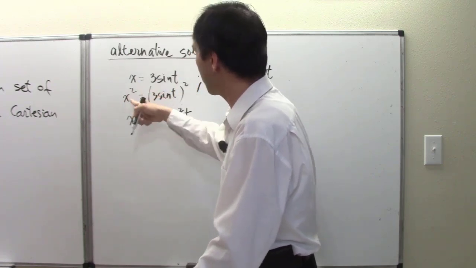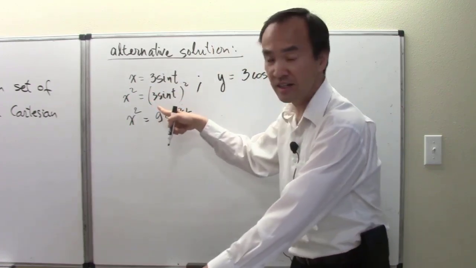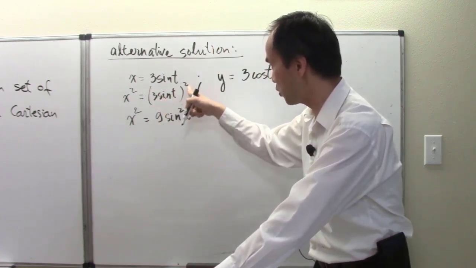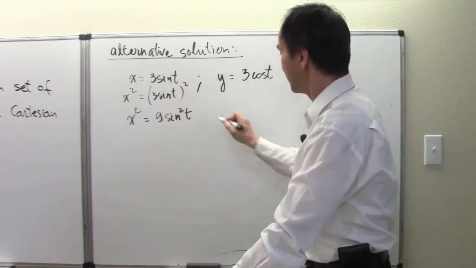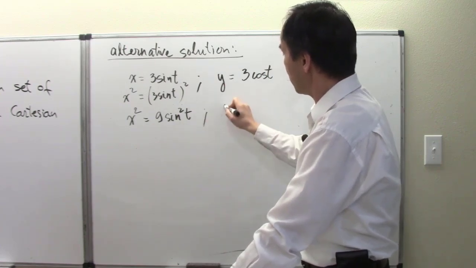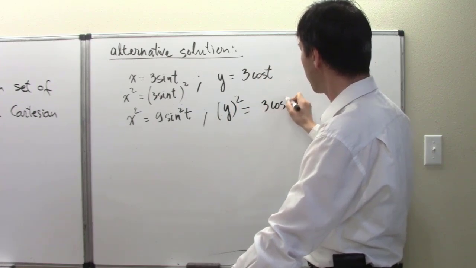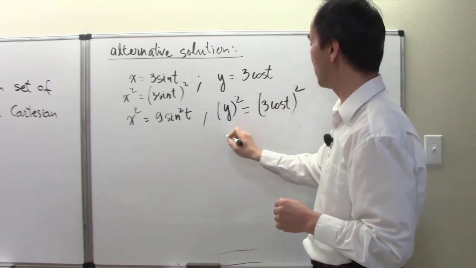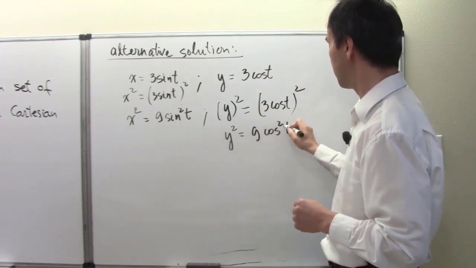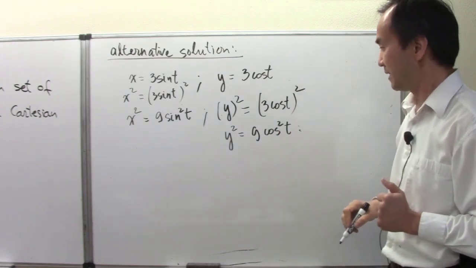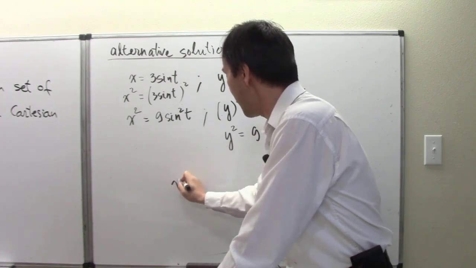Squaring the left hand side gives me just x squared, squaring the whole right hand side gives me 3 squared, which is 9, times sine squared of t. That's how I get that. In the same way, I square the left and right hand sides of the other equation, 3 cosine of t all squared, and that comes out y squared equals 9 cosine squared of t. And so in this case, think about x squared plus y squared.